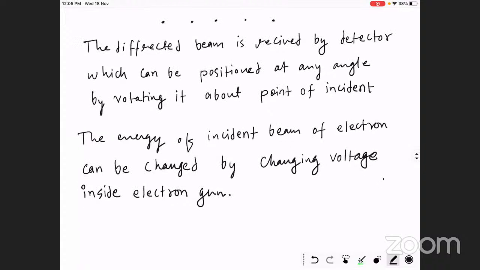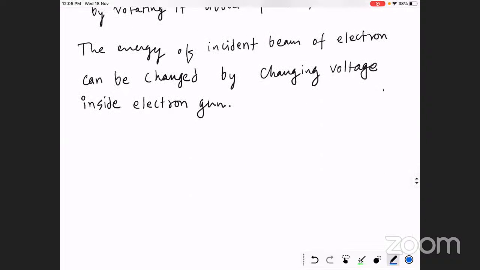Now, the very important point. The next point is very important. According to classical physics, the intensity of a scattered beam of electrons at all scattering angles will be the same. But Davisson and Germer found that the intensity of a scattered beam of electrons was not the same, but different at different angles of scattering.